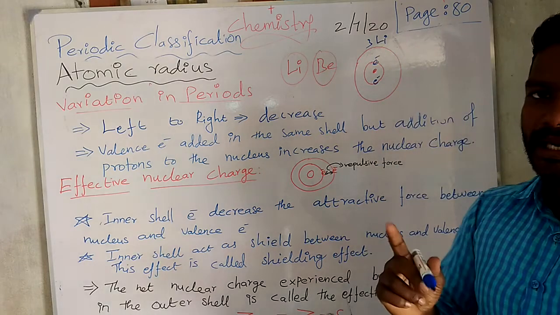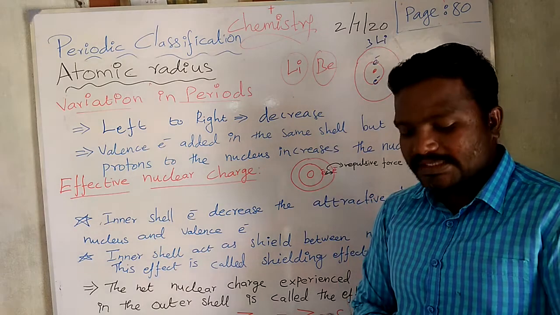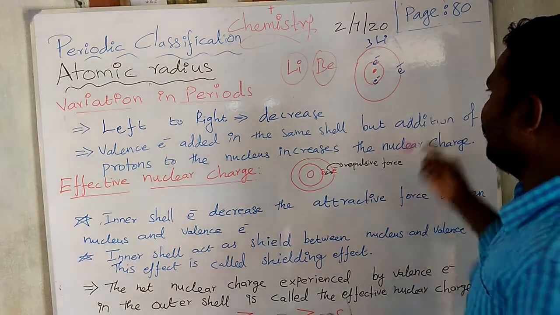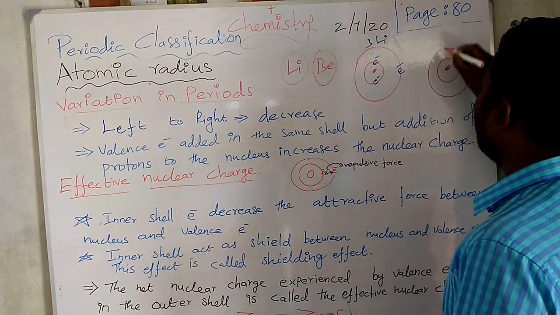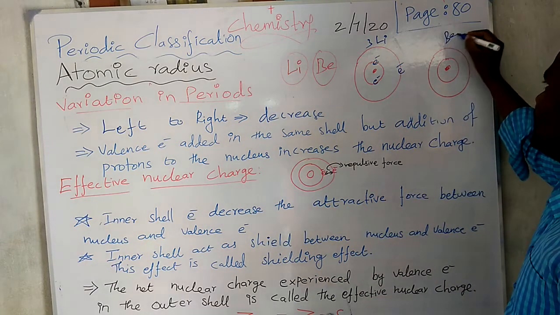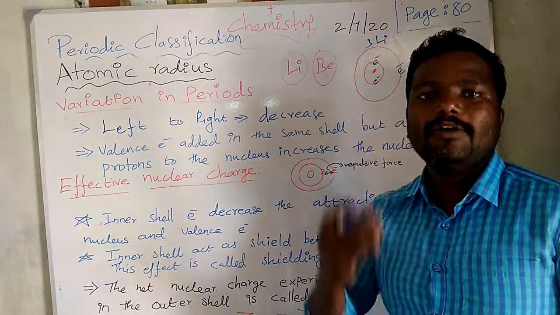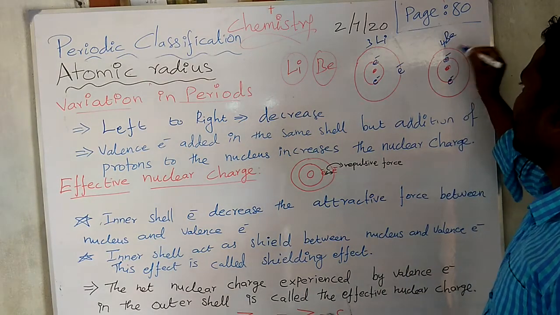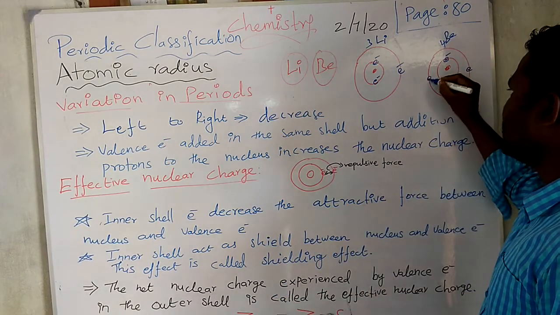The remaining 1 electron occupies the outermost cell. The same way we can draw for beryllium. The atomic number of beryllium is 4, so 4 electrons are present. First 2 electrons occupy the inner cell. The remaining 2 are present in the valence cell.